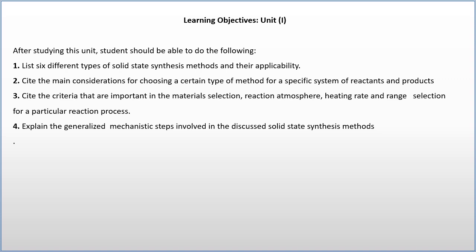You should be able to understand and cite the criteria that are important in material selection. Material selection as in what kind of reactants you'll be choosing, what would be the reaction atmosphere, what should be the heating range for a particular type of reaction, and you should be able to explain the generalized mechanistic steps involved in this discussed solid state synthesis method.